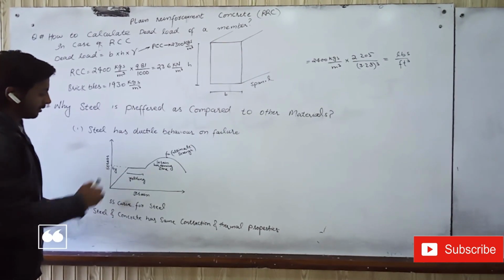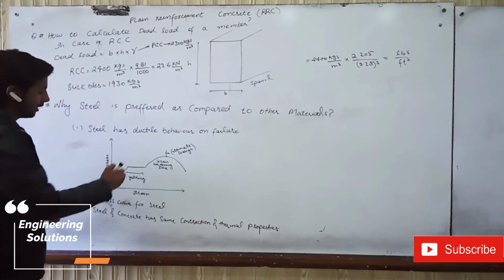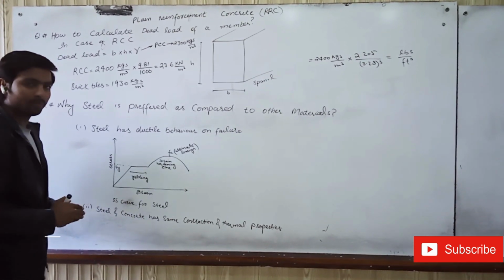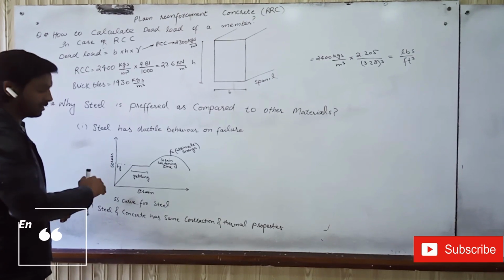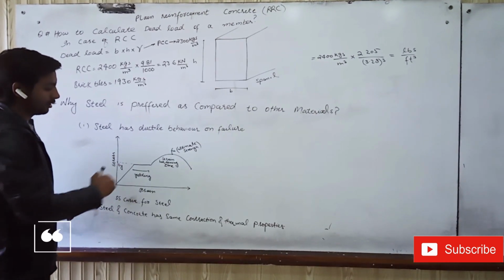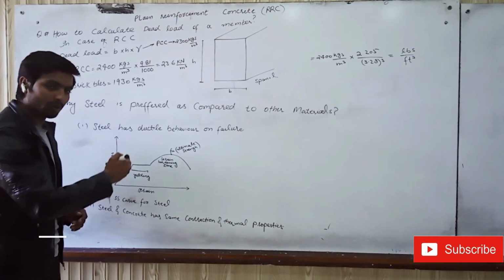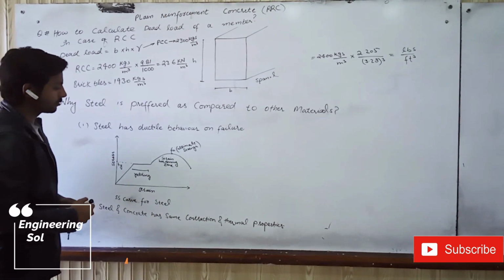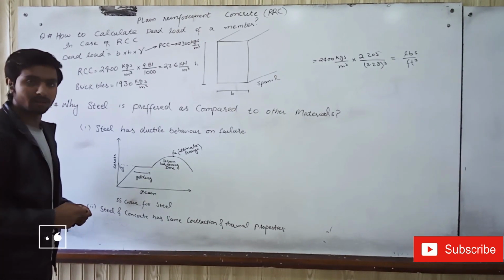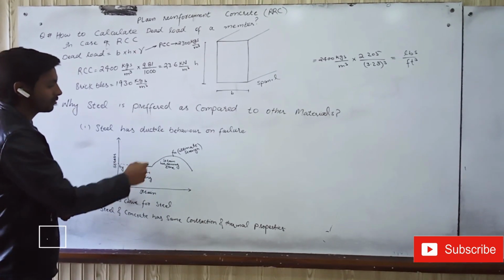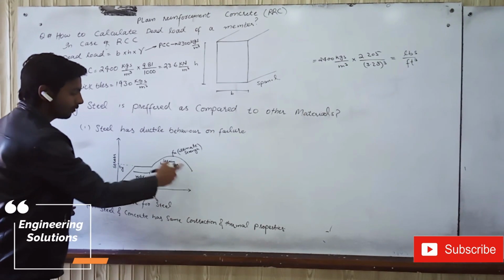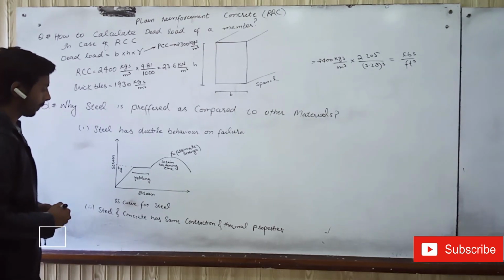Then the yielding zone starts, and yielding is a process in which the stress is constant and the strain keeps moving. After the yielding zone, the strain hardening zone starts. In the strain hardening zone, this maximum point is known as the ultimate strength, shown by the sign Fu. And this is the breakage of the steel specimen.